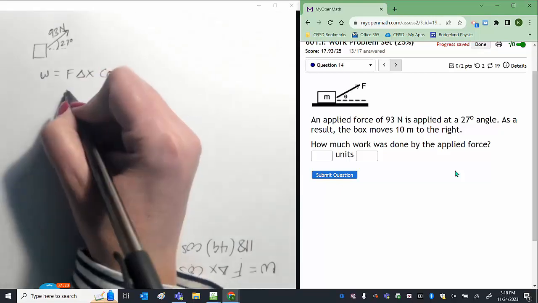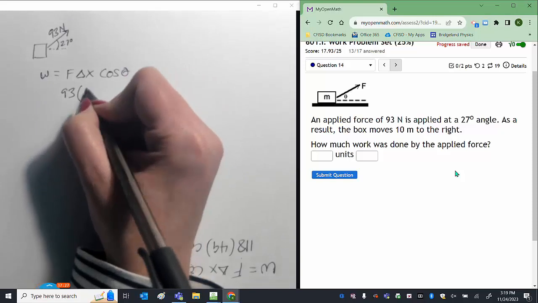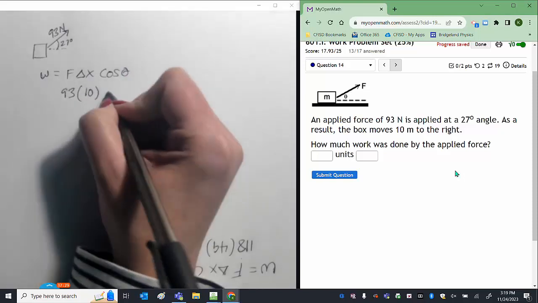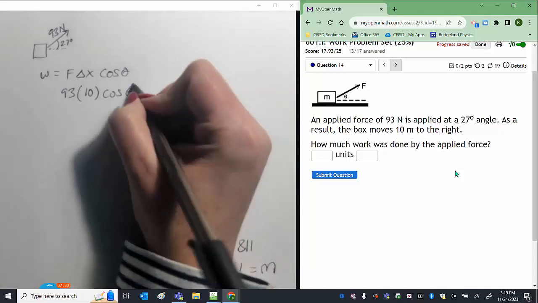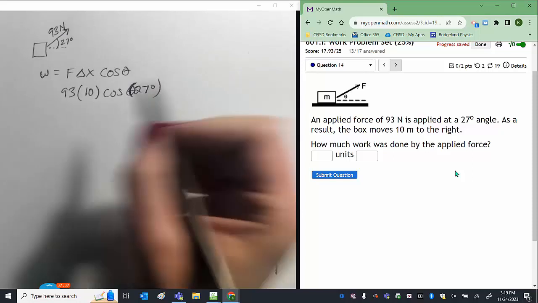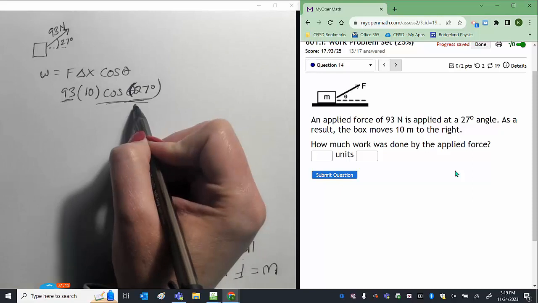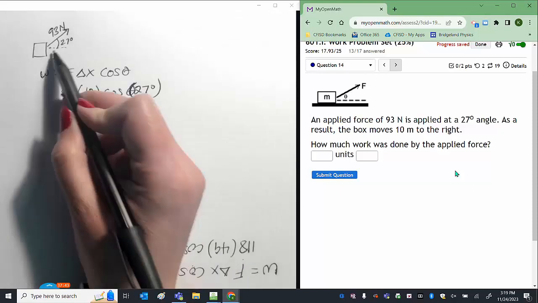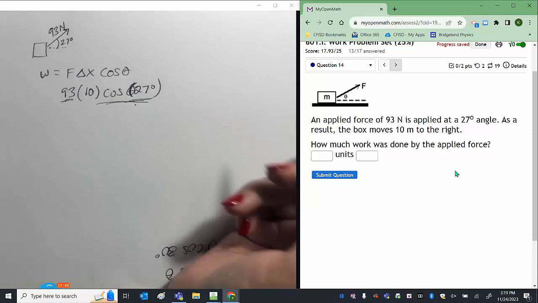So I'm going to take that 93 newtons, multiply it by my 10 meters of displacement, and multiply it by cosine of my angle. Sorry, instead of writing theta, I need to write 27. But really, you're doing 93 times cosine 27. That's getting you this component, and then you're multiplying it by the displacement. So you can do it in steps, or you can do it all at once with this equation.